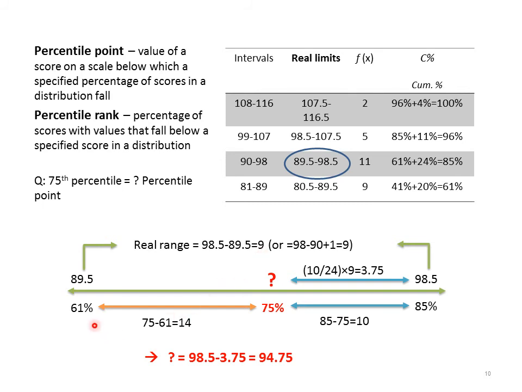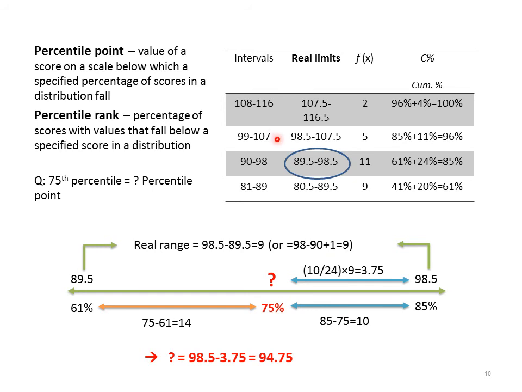The range from 61% to 85% is 10 plus 14, which is 24 percentage points. The 75th percentile is 10 points from the 85th percentile. So 75% is 10 out of 25 of the total interval width, 9.